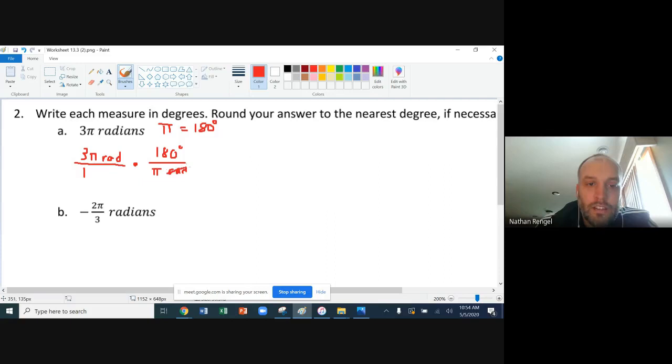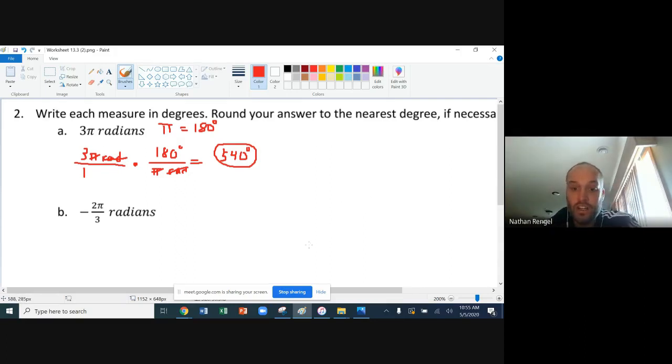So factor label theorem, your radians are going to factor. We also have a pi in common, so pi cancels out. 3 times 180 is 540 degrees. In my denominator, I just have a 1, so final answer is 540 degrees. And we don't need to convert that to anything else like we did with the radians above.